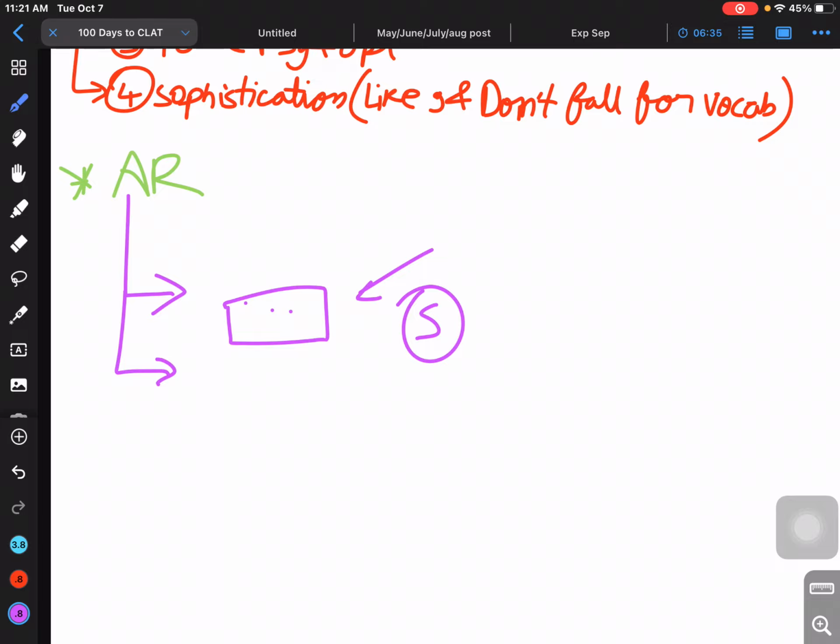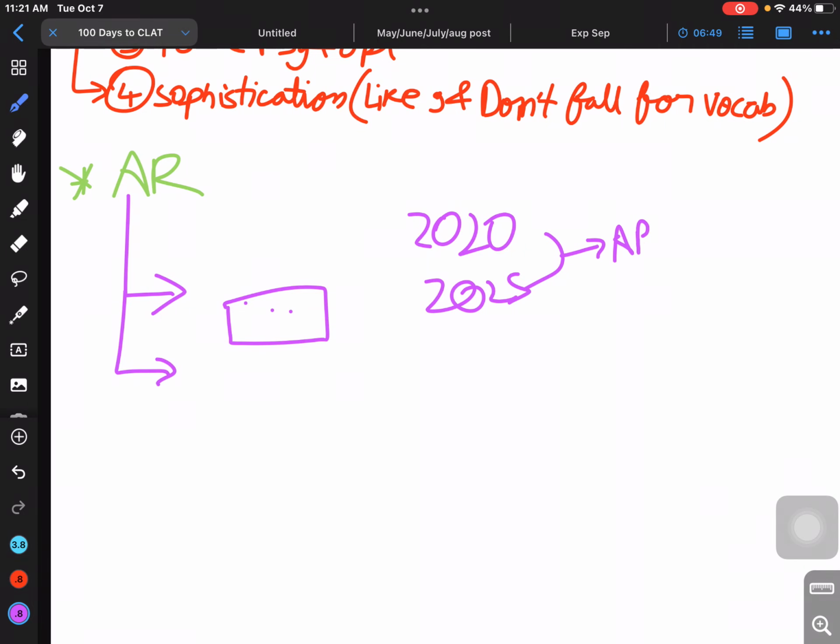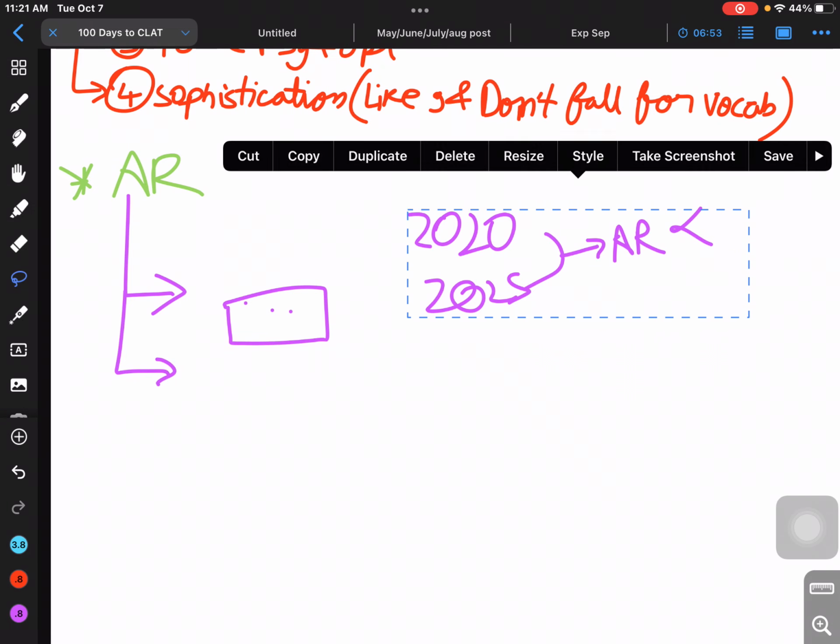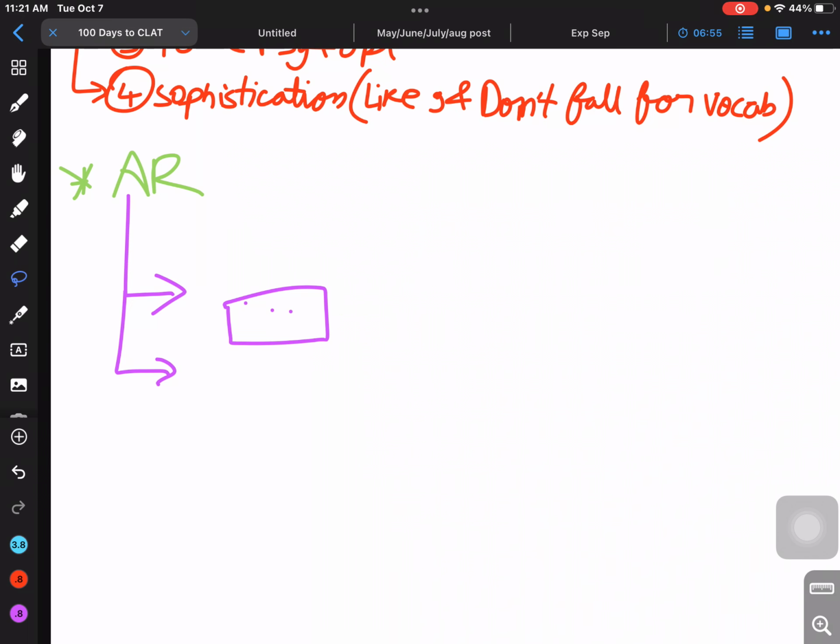And forget analytical reasoning, has it even come in your paper? AR came 2 times, in CLAT 2020 and 2025, and both of them, if I'm not wrong, maybe the AR was wrong. So CLAT has a very big enmity with AR, I guess. They cannot even formulate a simple paper of ARs.